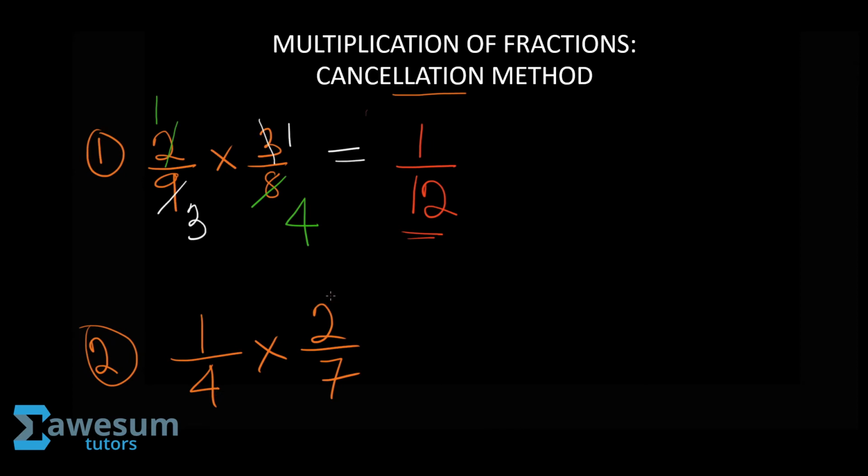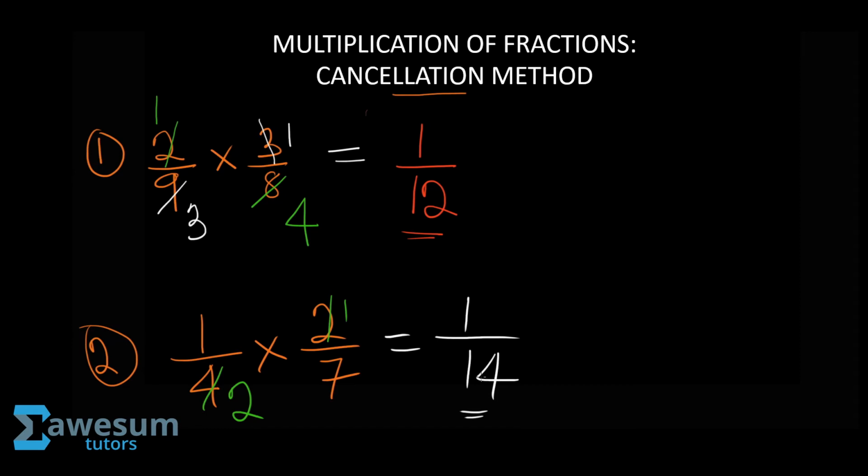So I would say 2 in 2 is 1 and 2 in 4 is 2. Now nothing can divide anymore, right? Then I can say that 1 times 1, those are the remaining numerators, that is 1, divided by 2 times 7, that is 14. So that means my final answer is 1 over 14.